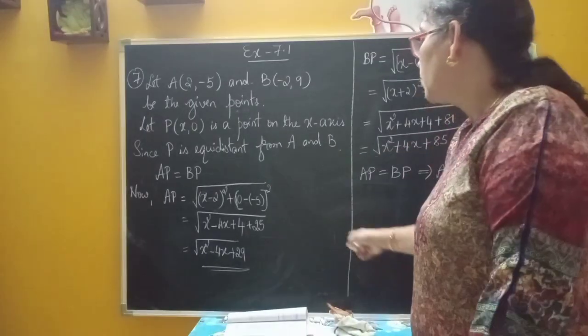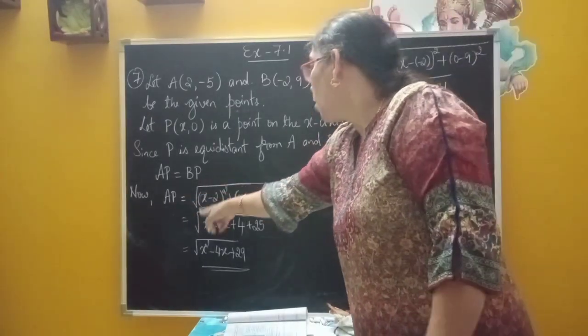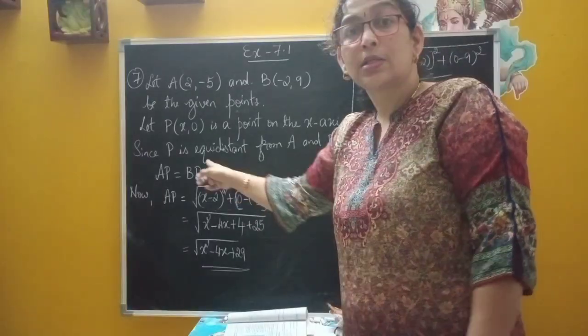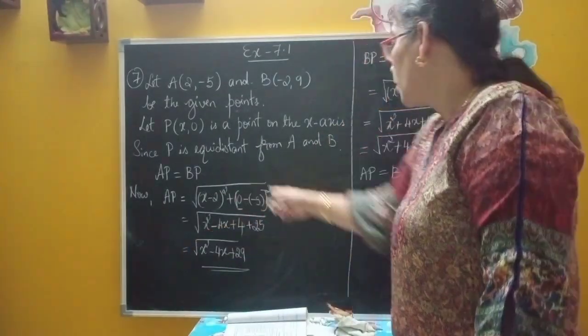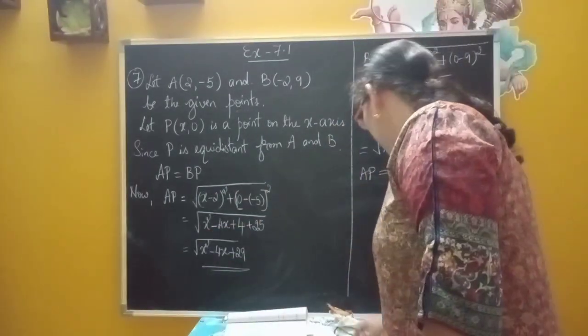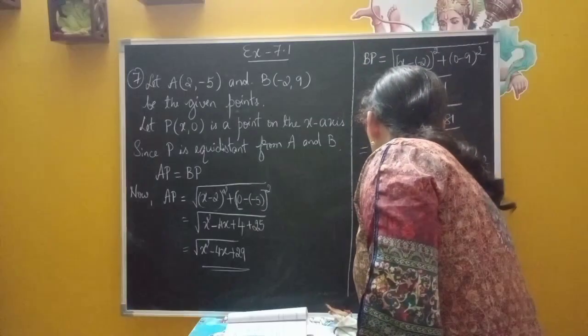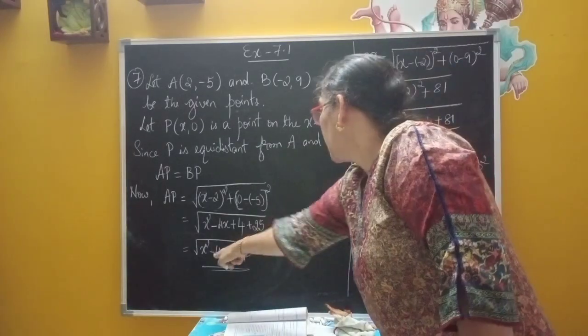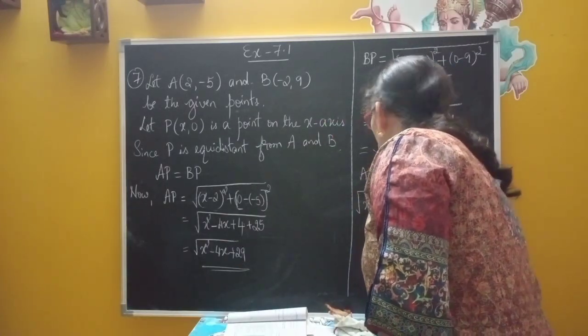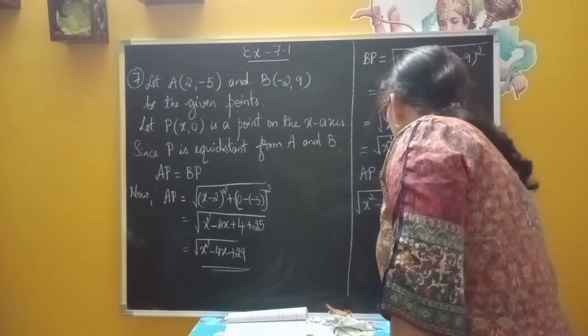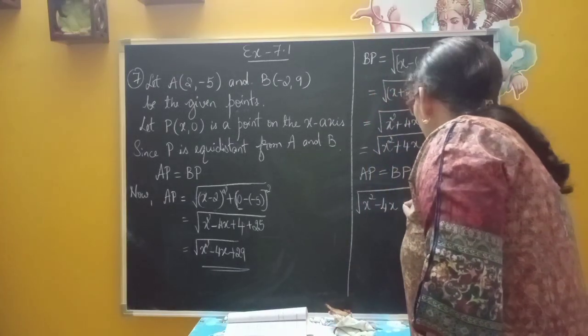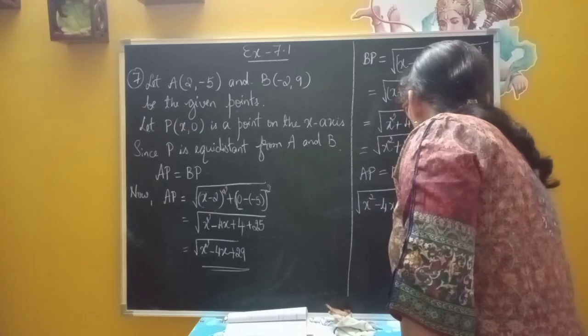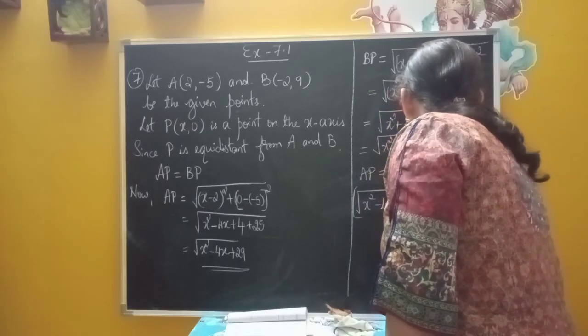So AP square is what? Square root of this, so the square root gets cancelled. So what do we get? Let us write that square. Here this one, square root of x square minus 4x plus 29, this square is equal to what?